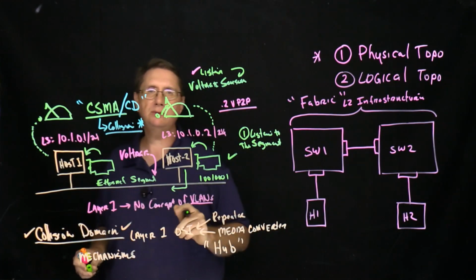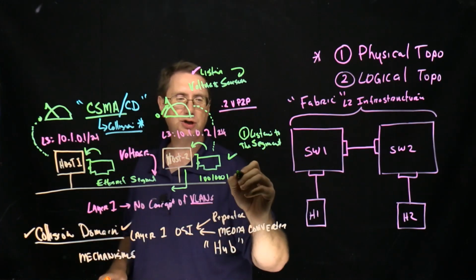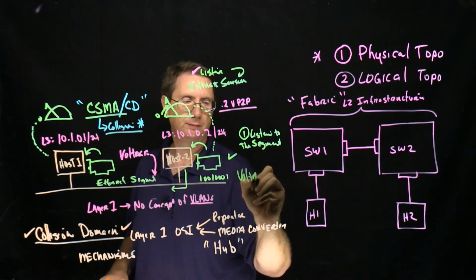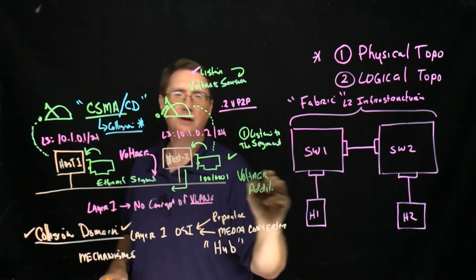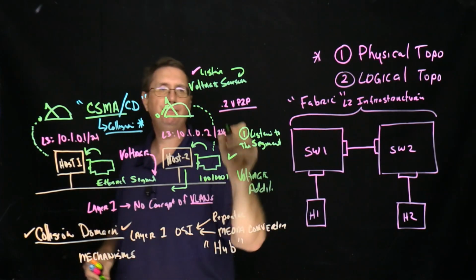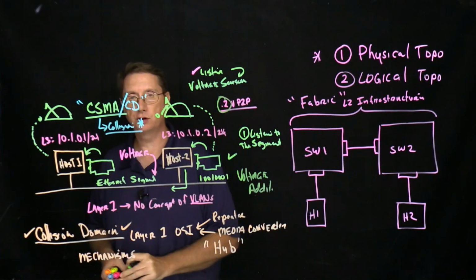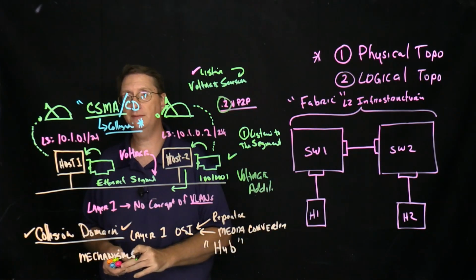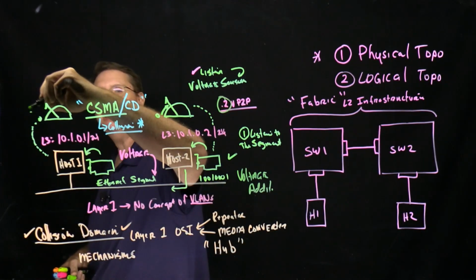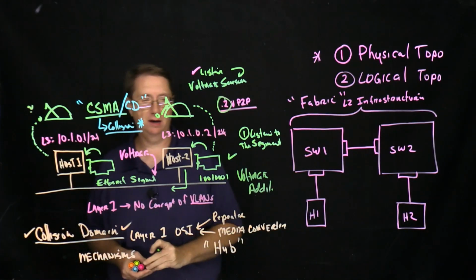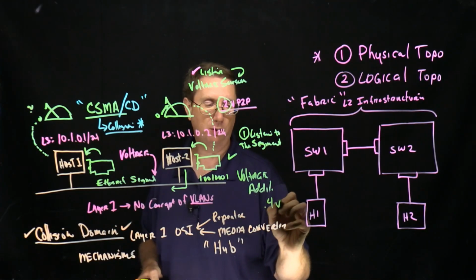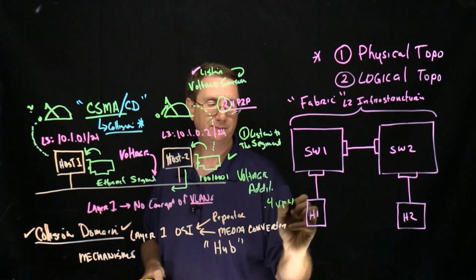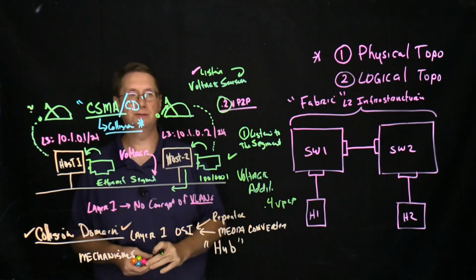Well, the thing that you also need to understand is that voltage is additive. So if I'm sending, I'm putting 0.2 volts peak to peak on the circuit, and if Bob is sending, he's putting 0.2 volts peak to peak on the circuit, which means we would see 0.4 volts peak to peak in the case of a collision.